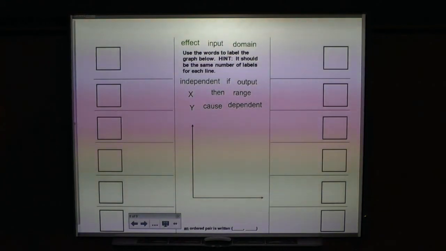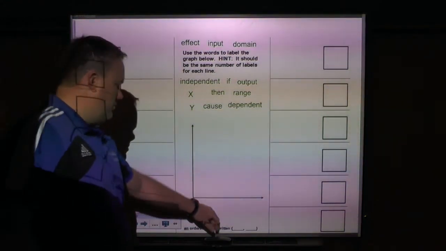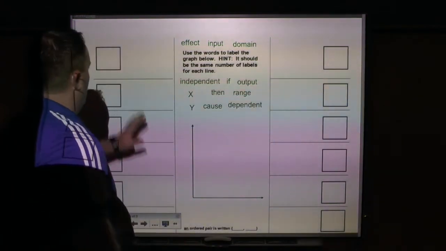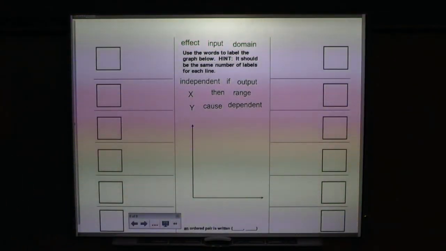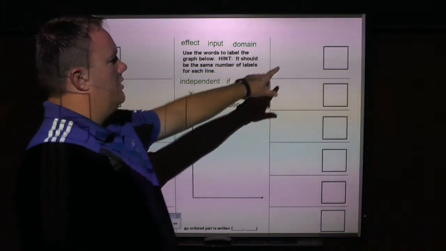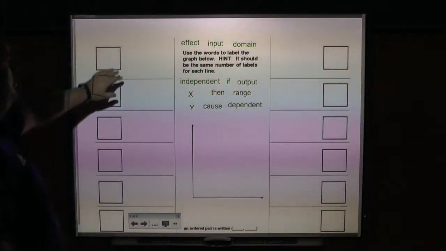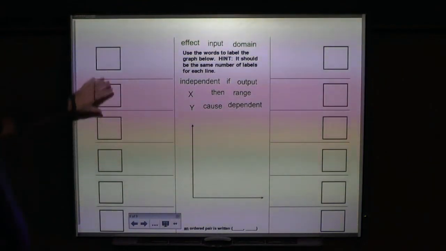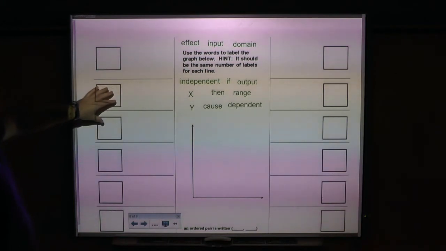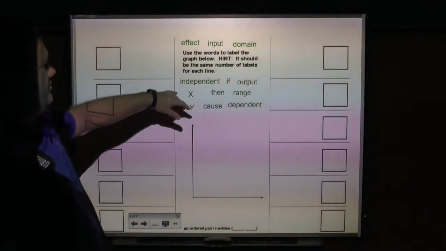Alright. So, lastly, we have some things to plug in here. When we're looking at this, first thing is, on the left side of a table is your x coordinate. The right side of a table is your y coordinate. So think, what would go over here on the left, and it should be the same number of labels in each line.